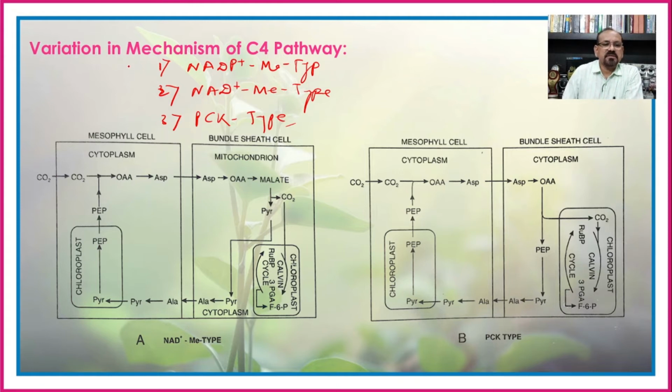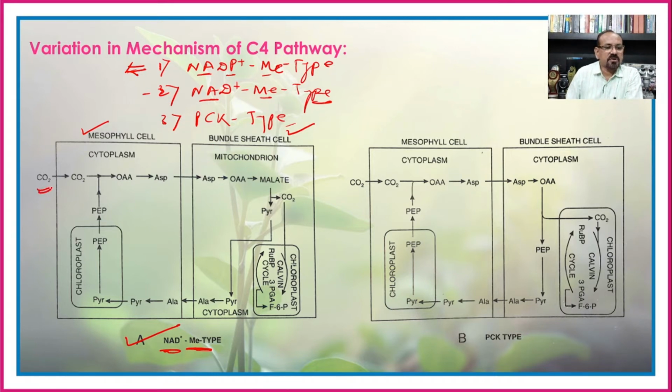Now, the first one that we have seen earlier is the NADP-ME type, while the second one is the NAD-ME type. So in this one, that is the NAD-ME type, again see the mesophyll cell and the bundle sheath cell.